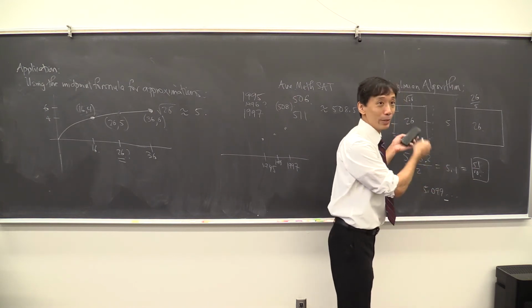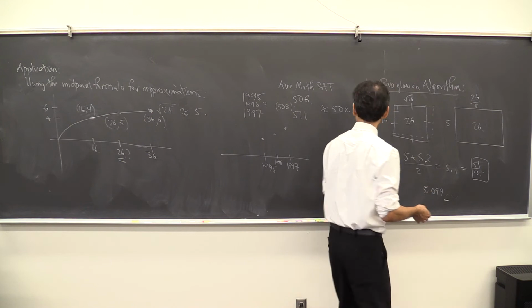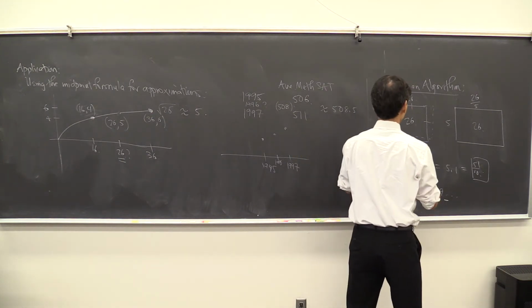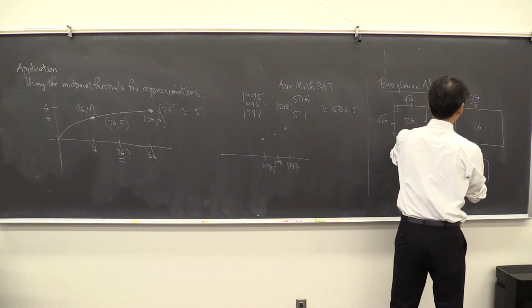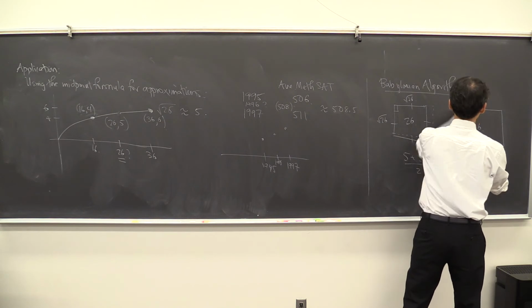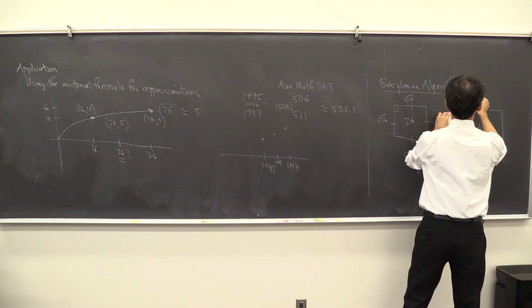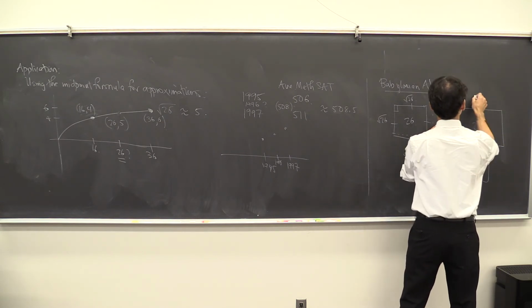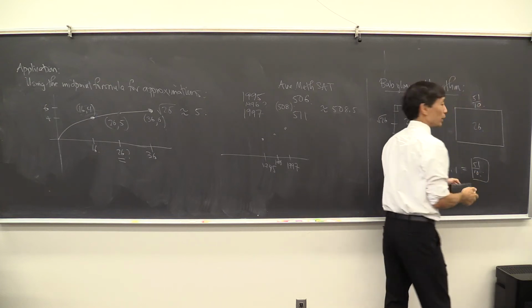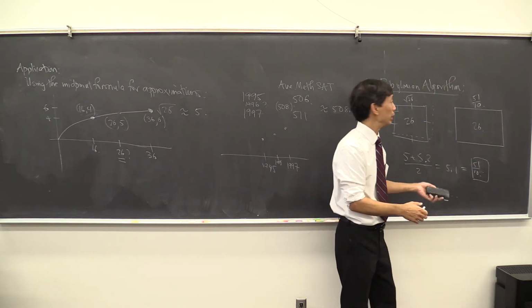So you can actually keep on doing this. You'd say, okay, now I'm going to make a guess, and my guess is 51 tenths. So you iterate the process and you do it again.